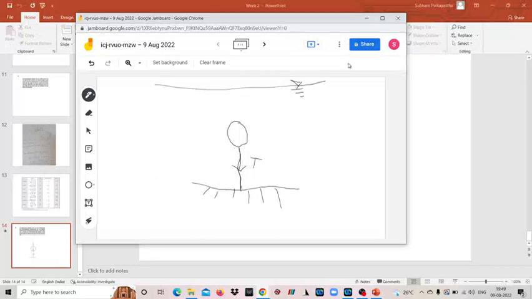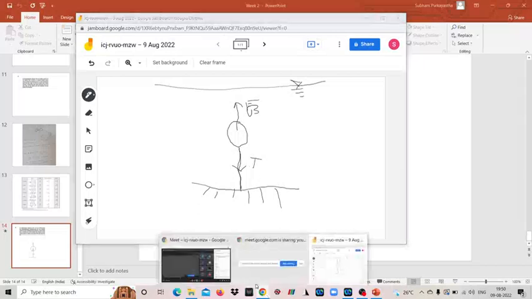Upward force will be a buoyant force. Okay, in the upward direction there is a buoyant force, and you are telling that it is balanced by this tension T. Is that the logic? Am I getting your logic correctly? Yes, sir.